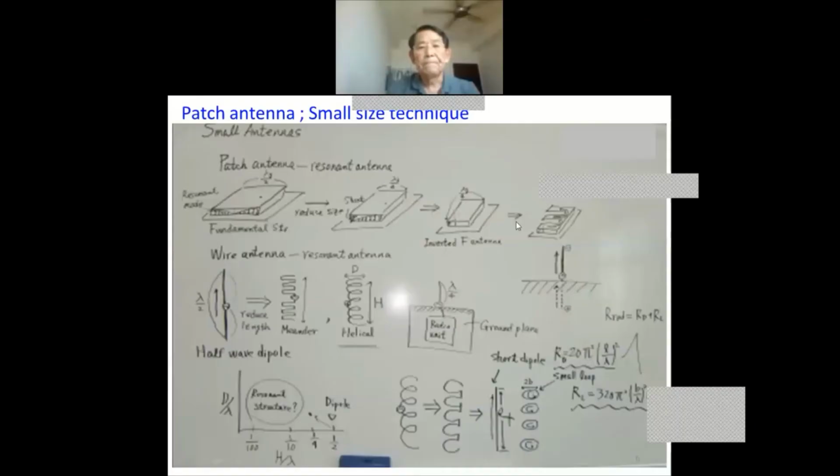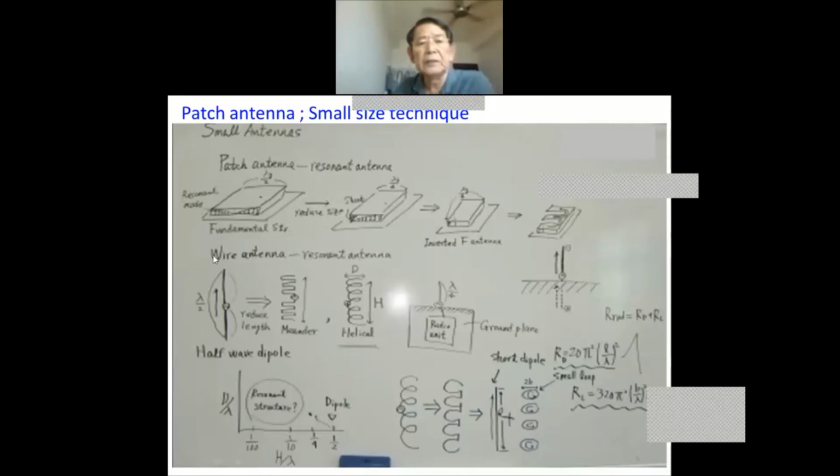If we would like to reduce the size more, we can put cuts in the patch plate. Then we can reduce more. Maybe inside your smartphone, you can see this shape. This is the patch antenna case of small antenna technology.